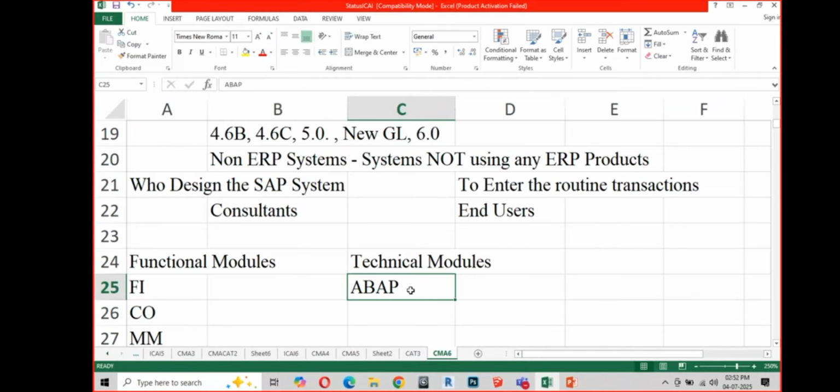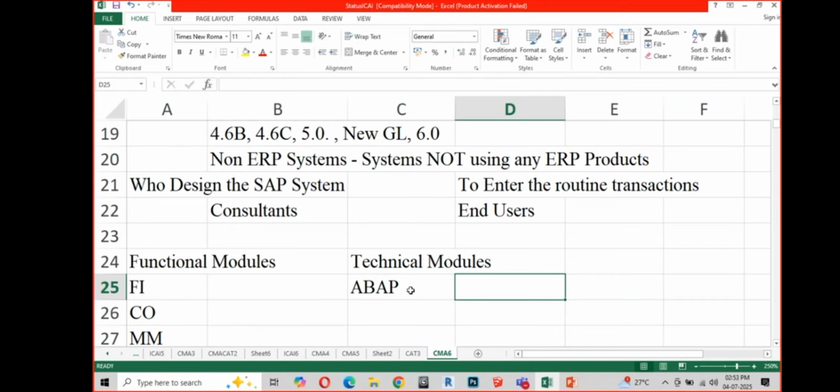Your whole of SAP is coded in this language. For anybody who wants to know this technically, it is a 4th generation language, 4GL.